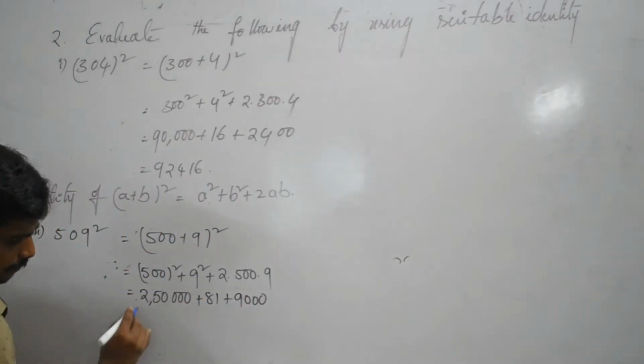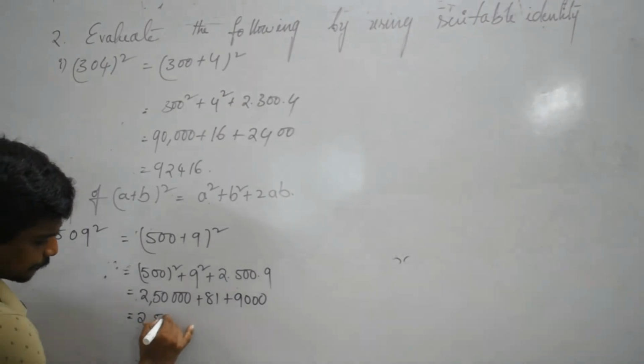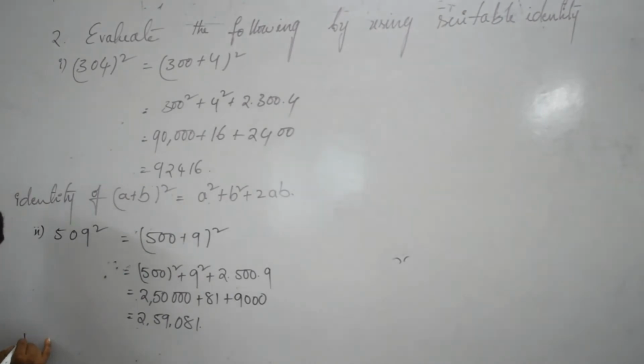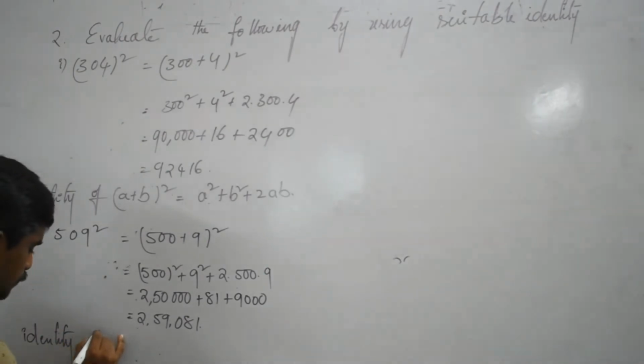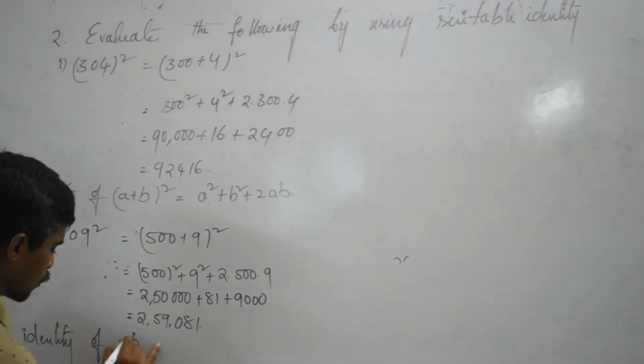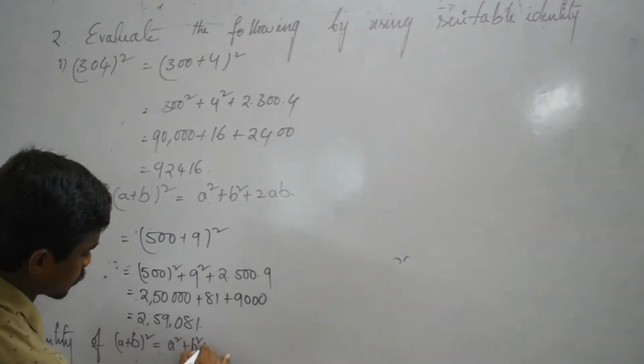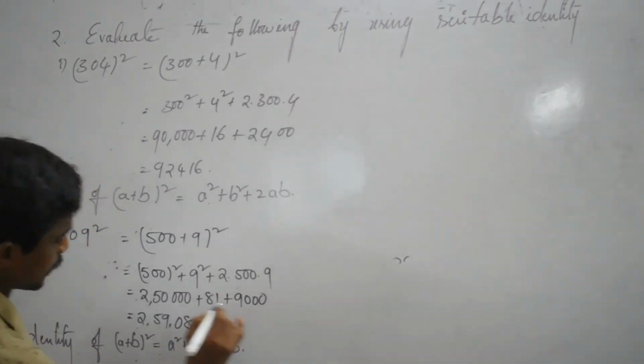So here 2 lakhs 59,081. So this is the identity of (a + b) whole square equals a square plus b square plus 2ab.